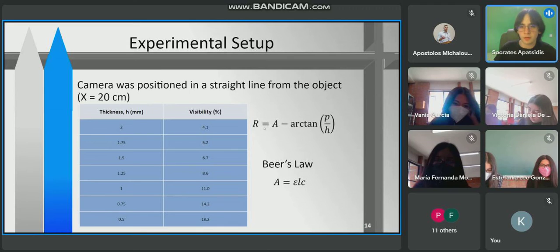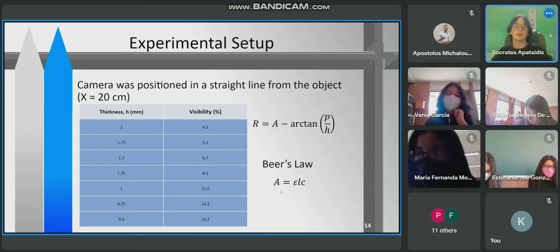Now we have the equation for R that I have already shown, but we also have Beer's law, which says that A equals epsilon L C. But here I should mention that A is a different thing. It's not this A. This one stands for absorbance.